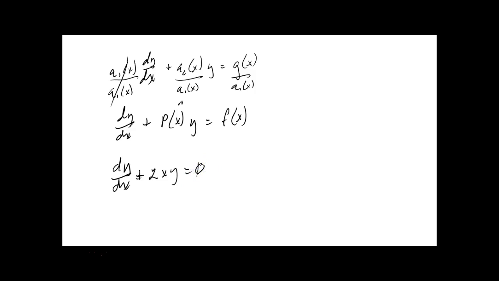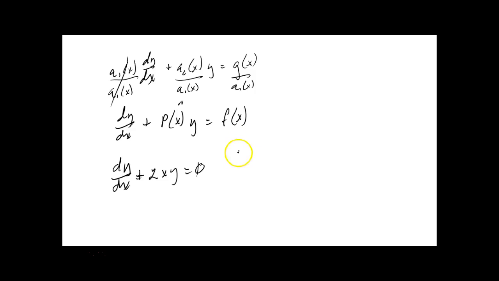Is that a linear equation or not? Yes, it is. Because this y is to the first power. Your f of x is 0, nothing wrong with that. Your p of x is 2x. Perfectly fine. Okay?